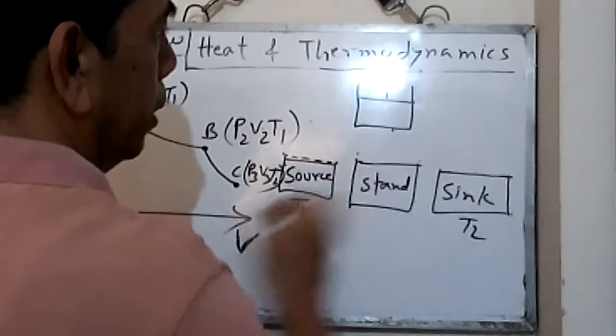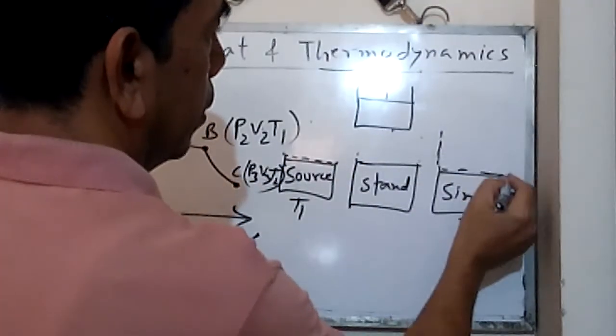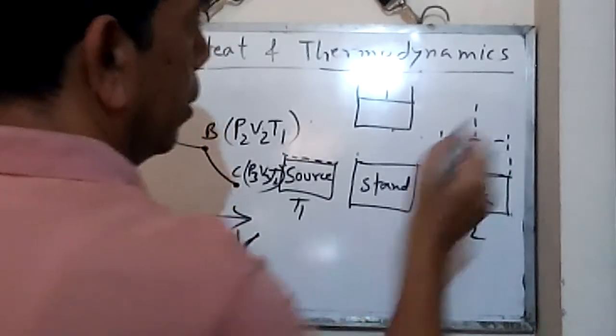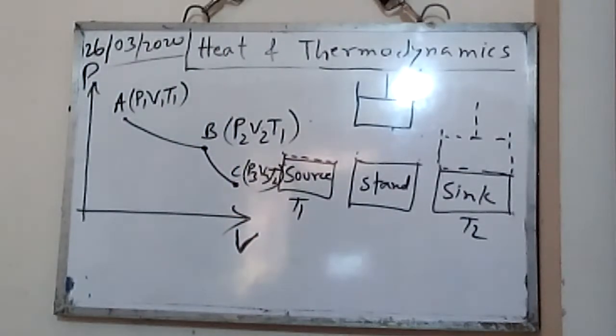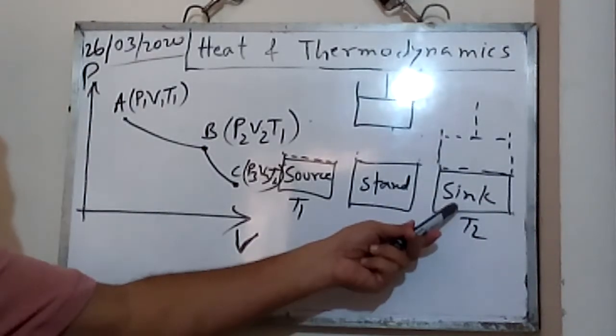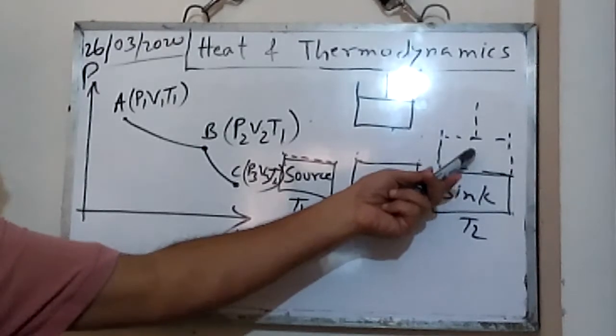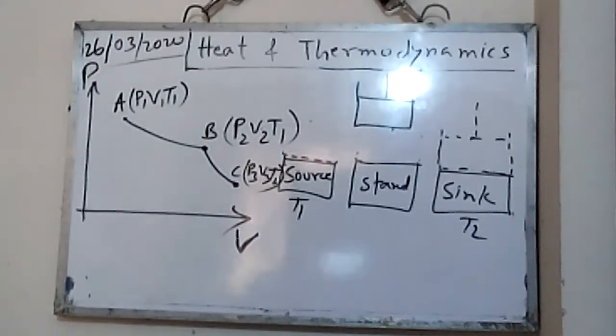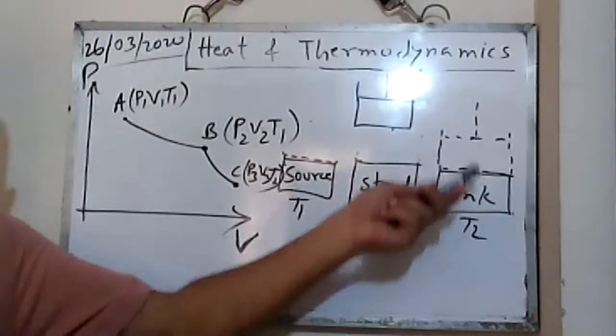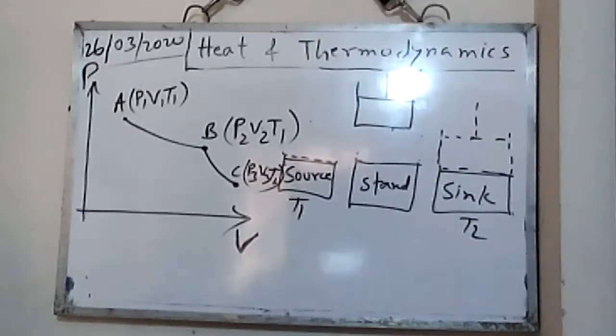Now put this cylinder at a sink. Sink means it mainly absorbs heat energy from the surroundings. Here the piston is pressed very slowly, and the gas is compressed.